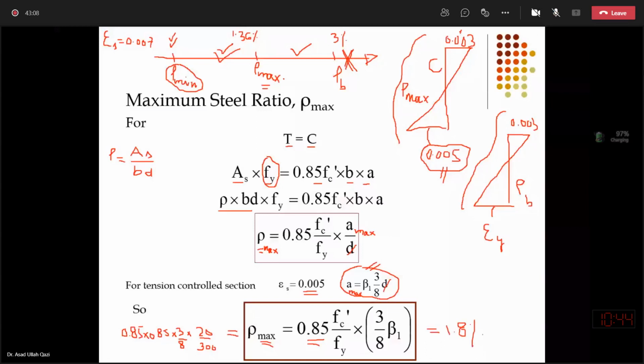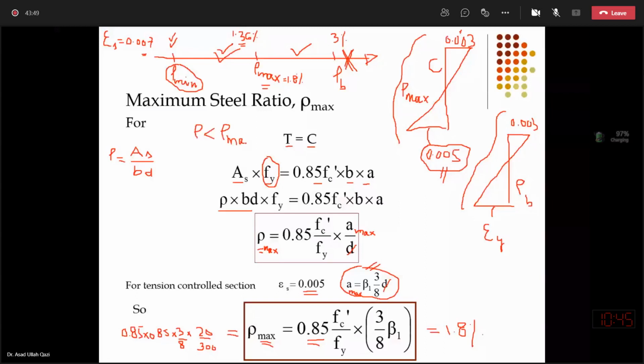So we rightly got epsilon s greater than 0.005, because its classification based on rho is also revealing that rho in the cross section is less than rho max. Our rho was 1.36% while rho max is 1.8%.